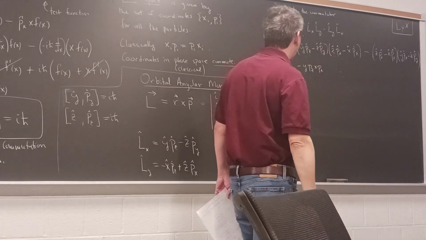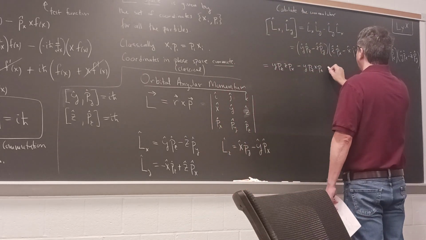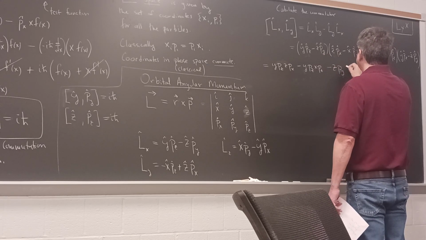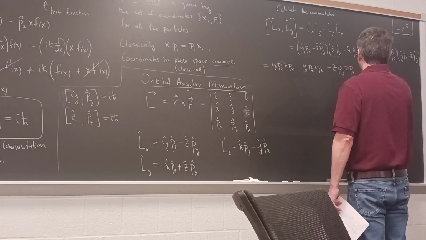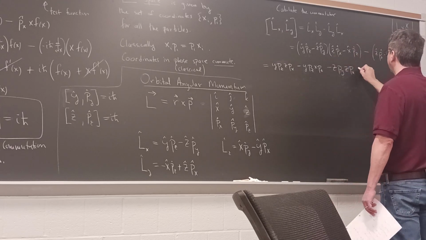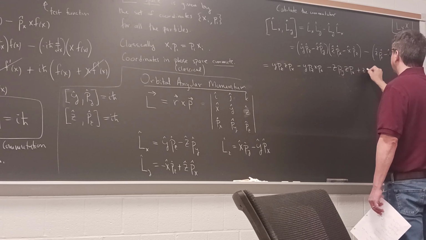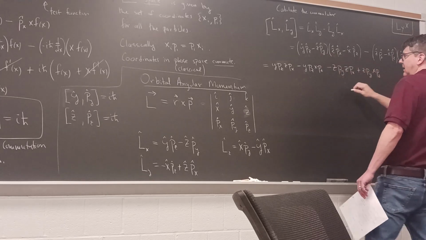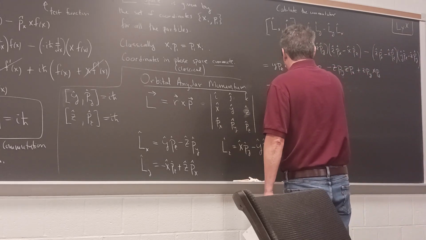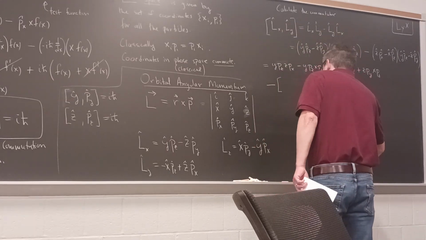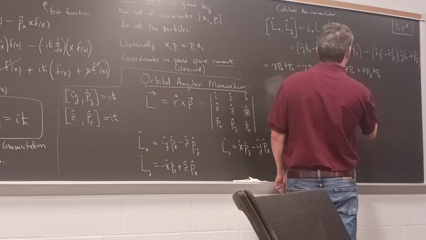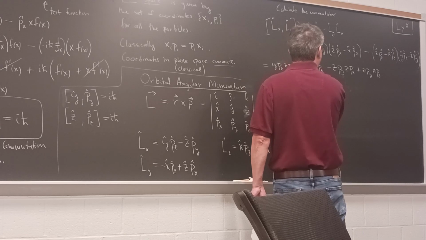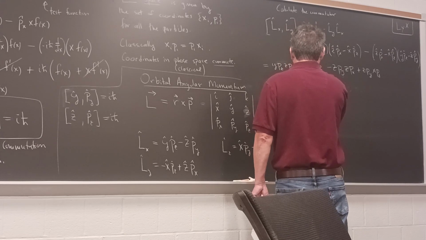We have to keep everything in order here because there are differential operators. Minus z p_y z p_x plus z p_y x p_z. That's the first set of stuff. And then minus, well, let me see if I can just do this without making a mistake. The first term will be minus z p_x y p_z.